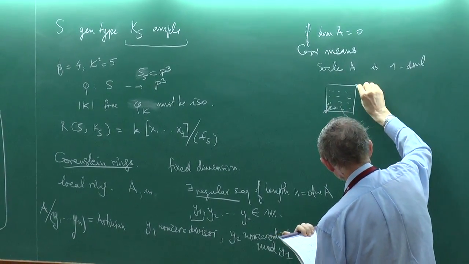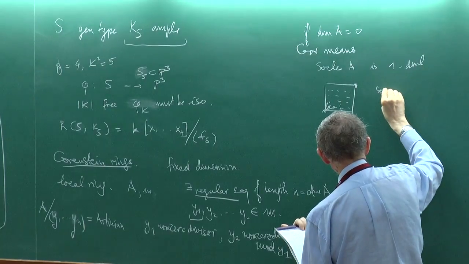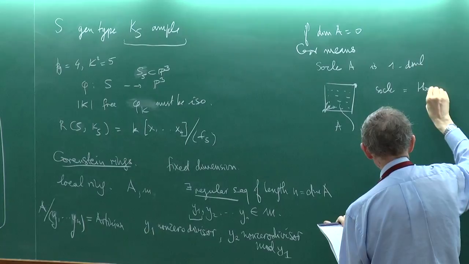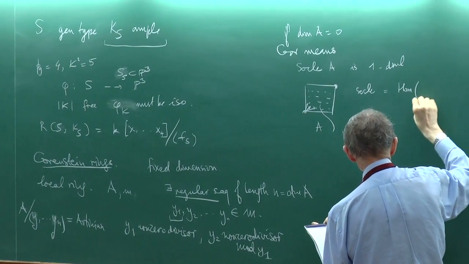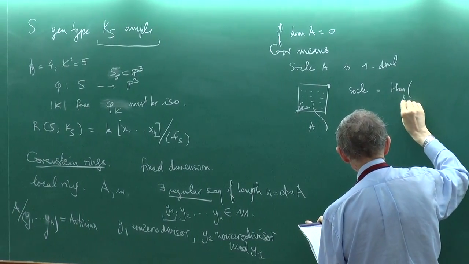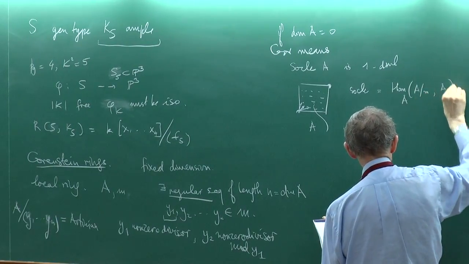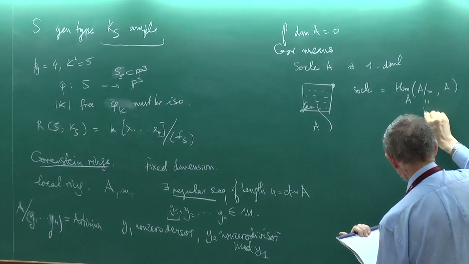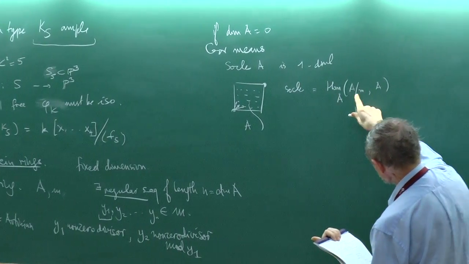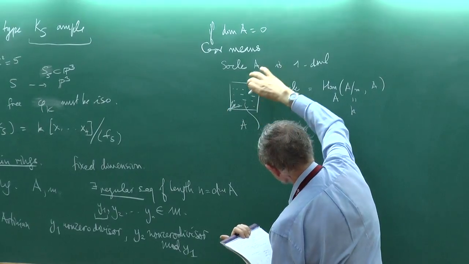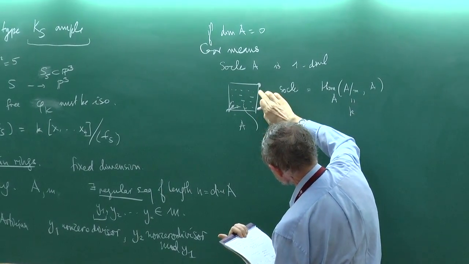The socle is Hom over A of A mod M into A, where A mod M is the residue field, K. I'm asking for all the elements in the ring where multiplying by the whole of the maximal ideal is 0.